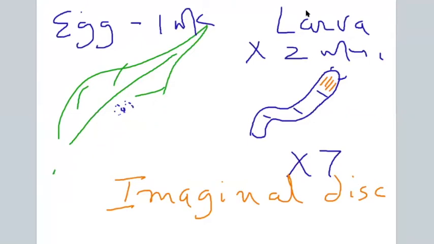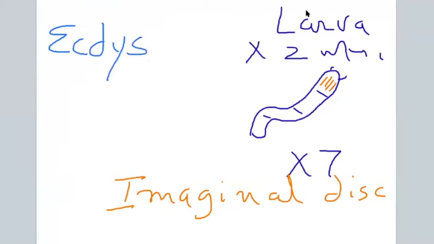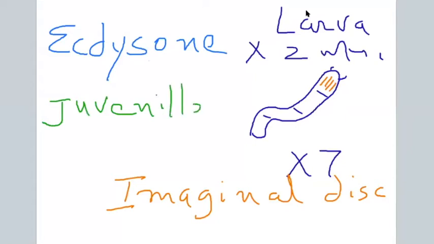One enzyme is called ecdysone, and another enzyme is called juvenile hormone. These two enzymes.